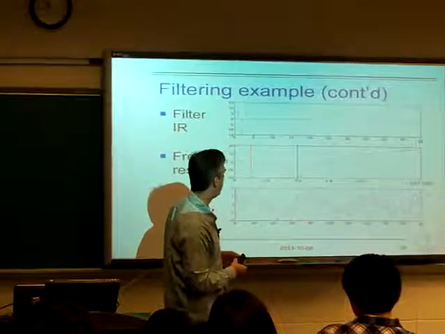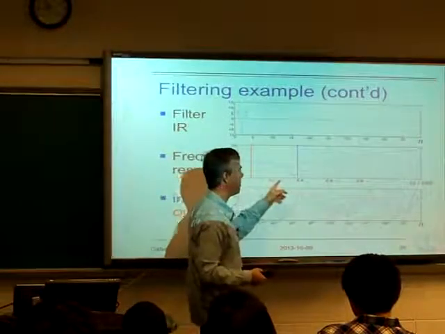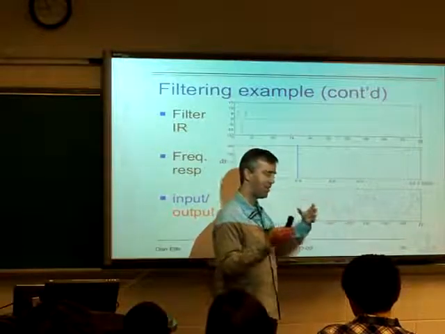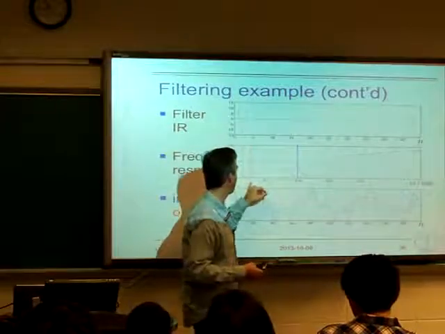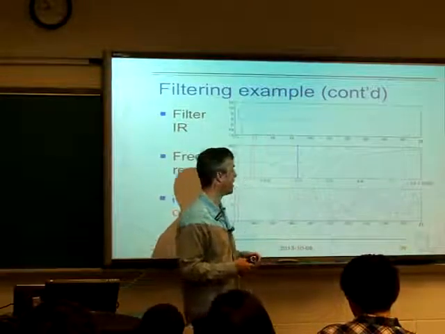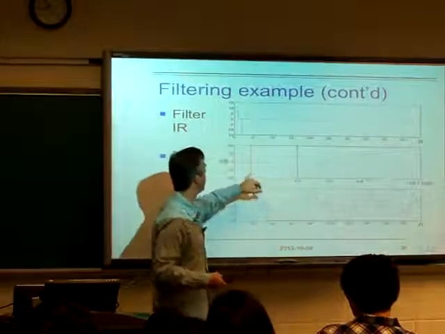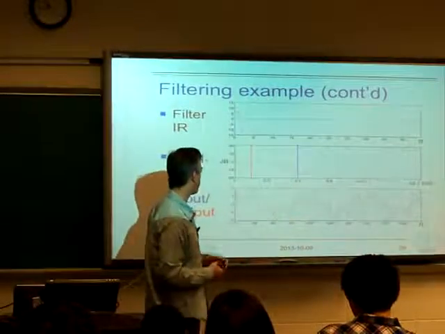Why is that in rad? I've zoomed in here because the actual frequency response specified in the design was in terms of omega in radians, between 0.1 radians per sample and 0.4 radians per sample. So this thing goes on, but basically all we have is this single 0 here and this nice gain response here.